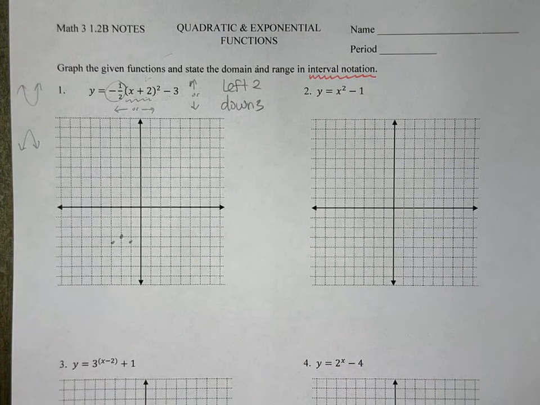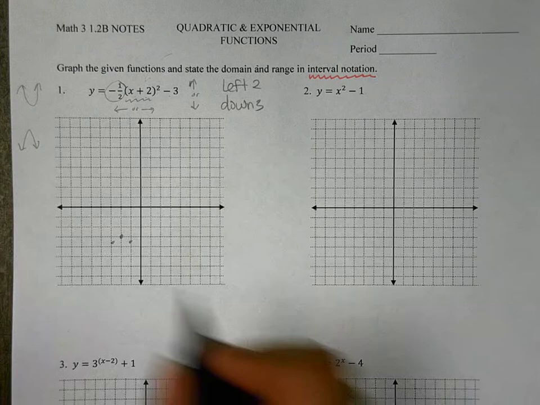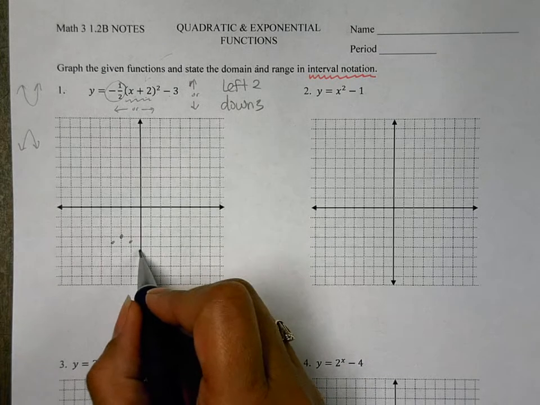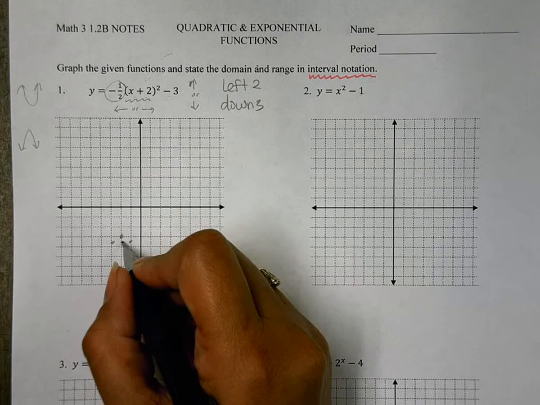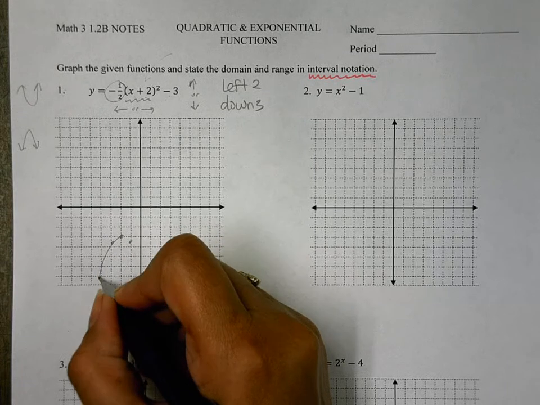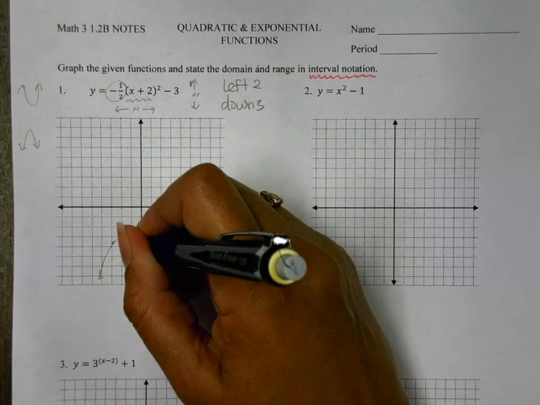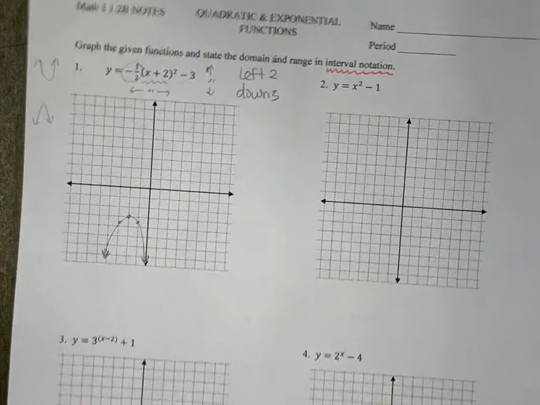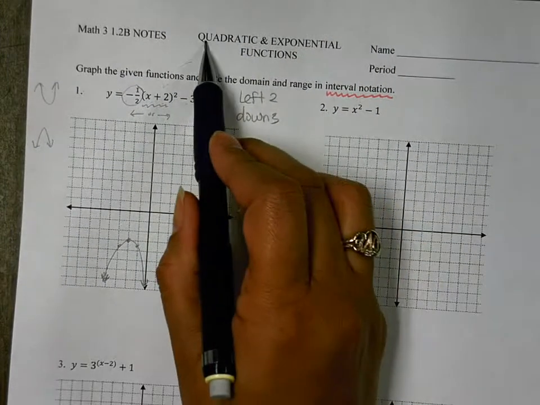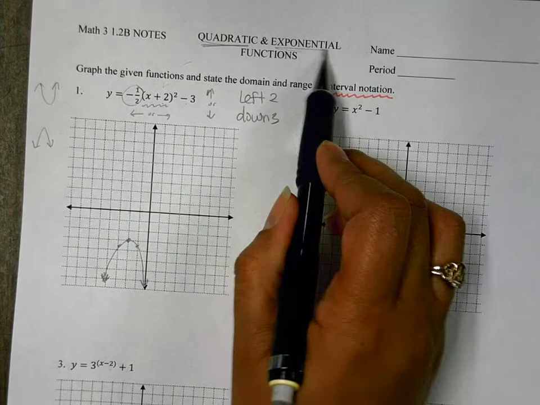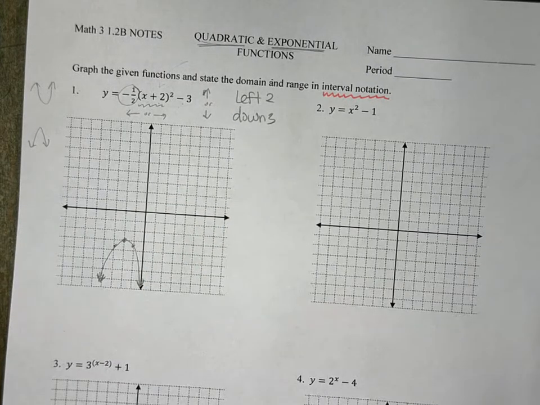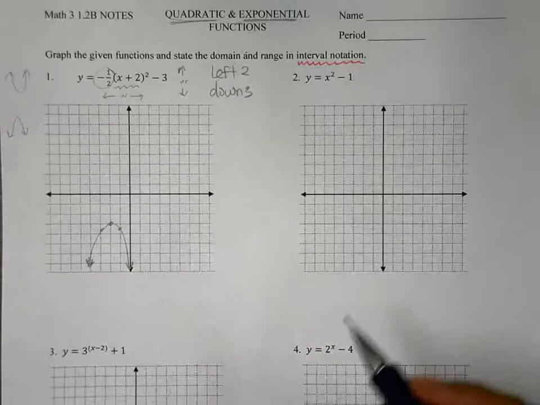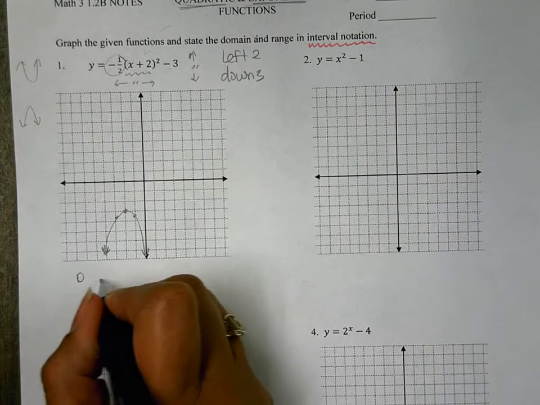Now, because this is not linear, I cannot go again down 1/2 over 1. Only one set, down and over, and connect. And make sure you make it a U shape, not a V shape, because it is not absolute value. Today we're only graphing the parabolas, the quadratics, and exponentials. We're saving the other graphs for another day. Okay, that's it for the graph.